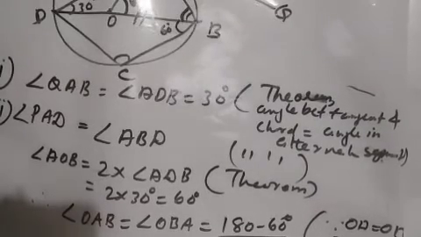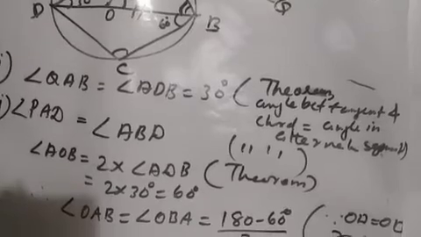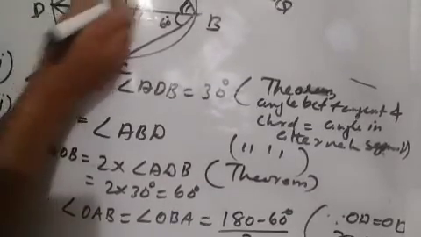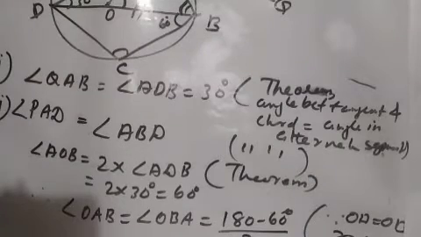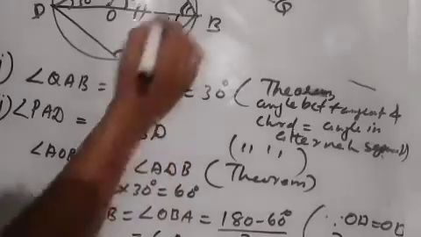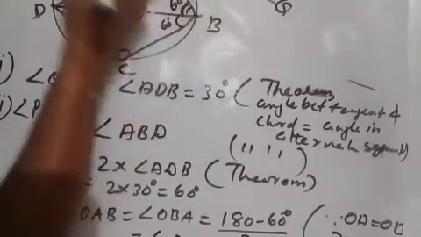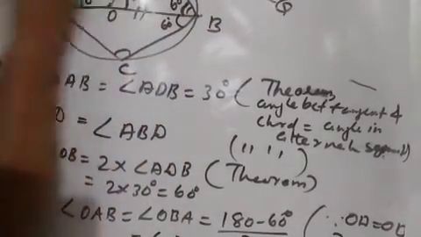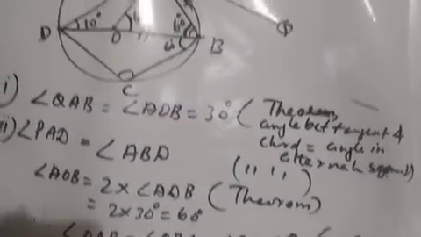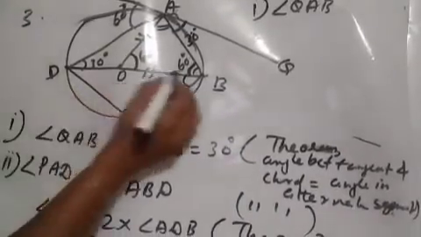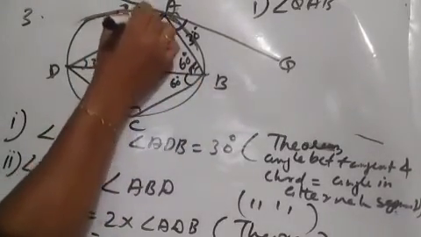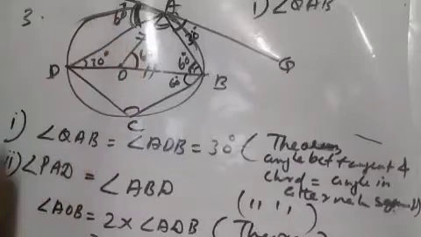Radii of the same circle are always equal, no? So we can find that triangle is an isosceles one. So 180 minus 60, that is 120, by 2 each angle. That is equal to 60 degree each. So here it is 60 degree. And what about this angle? This also 60 degree. Look at this. This angle is 60 degree. That's why this also 60. Understood?